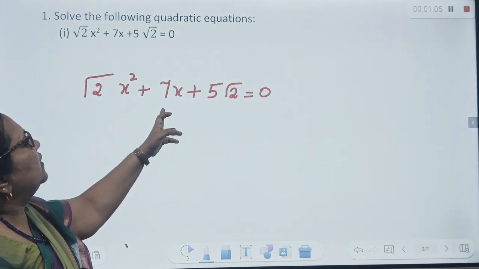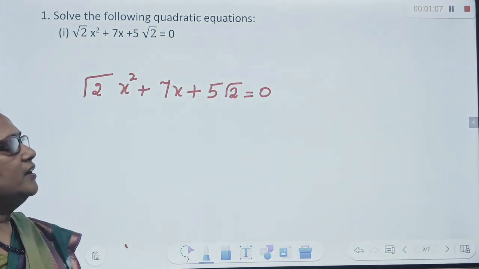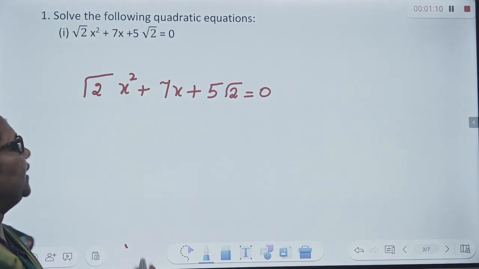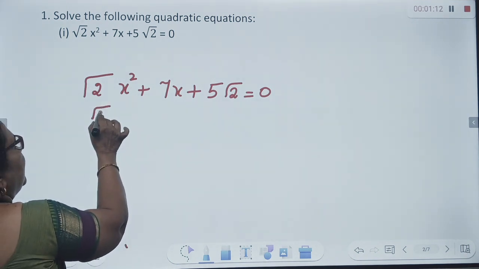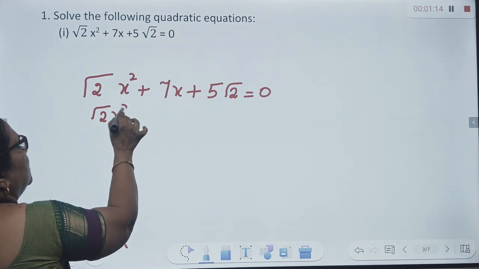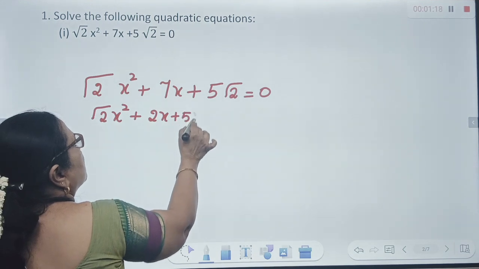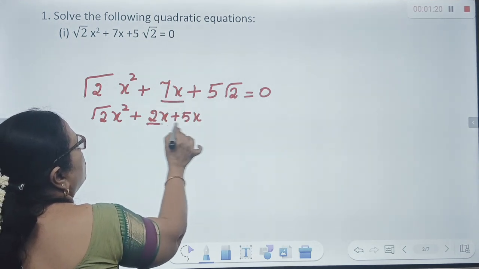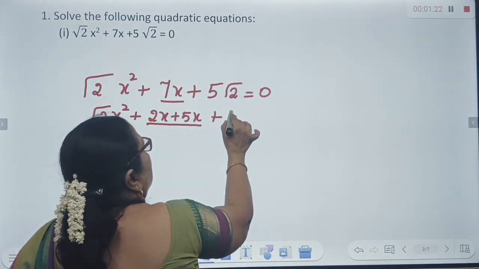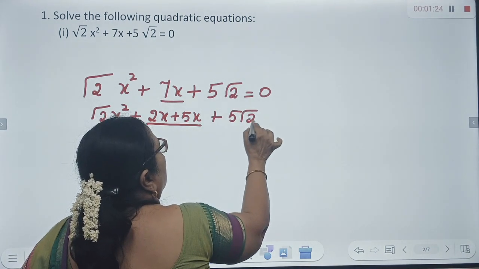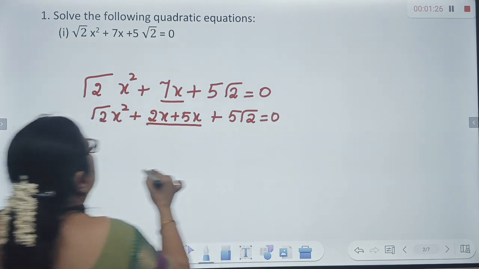So can I split 7 in such a way that when I multiply I can get 10? So I am going to write this as root 2x square plus 2x plus 5x plus 5 root 2 equal to 0. So I have split 7x as 2x plus 5x.